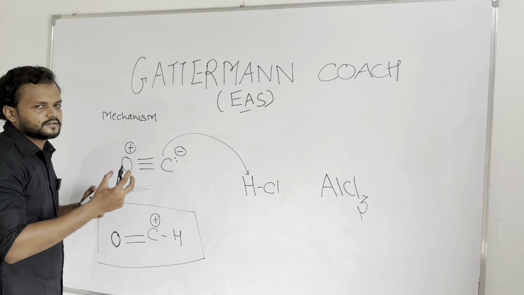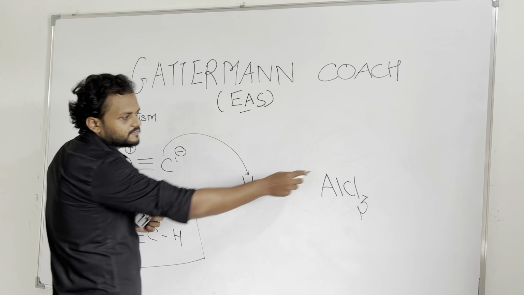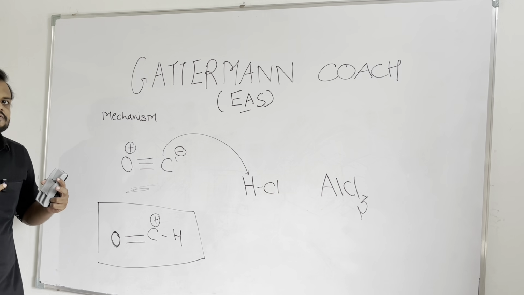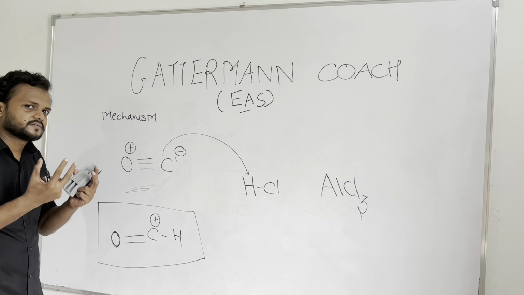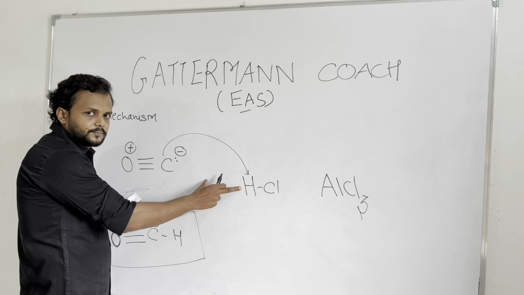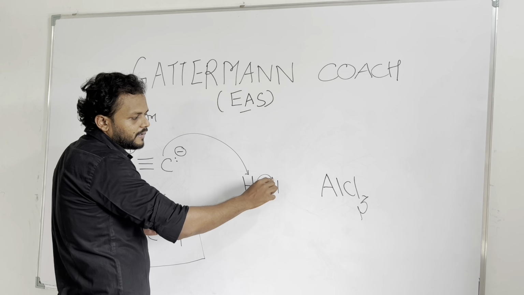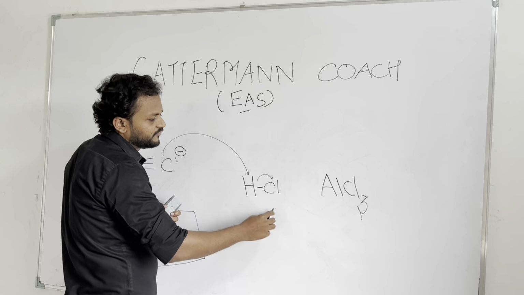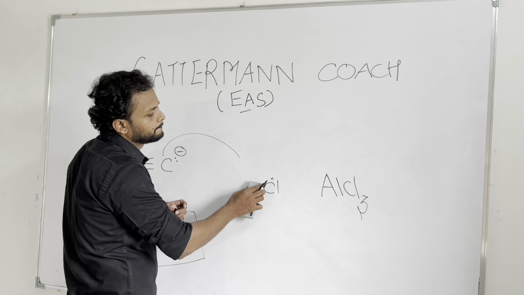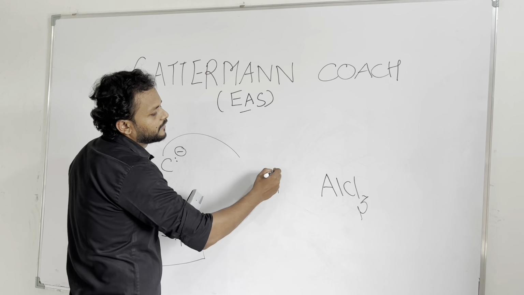Now what is this AlCl₃ going to do? This AlCl₃ is going to act as a catalyst. It's a Lewis acid and an electron deficient species. When this carbon is going to get that proton, this Cl will take the bond's electrons and form a chloride.